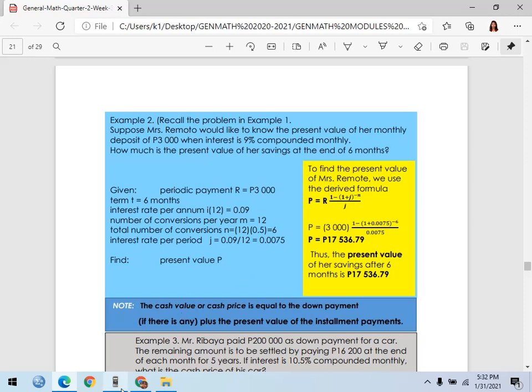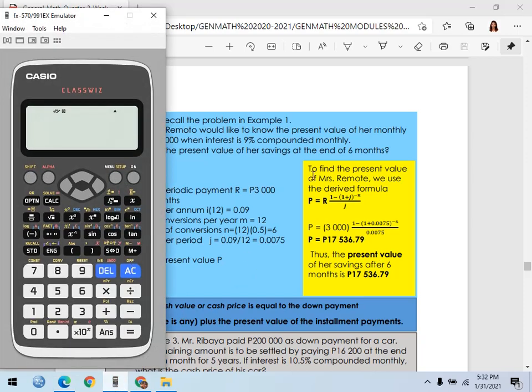Now, paano naman siya gawin sa calculator? So, halos kamukha lang ng kanina, start ulit sa loob. So, in this case, ang nasa loob ng parenthesis dito is 1 plus 0.0075. Ayun, yung nasa parenthesis, equals.